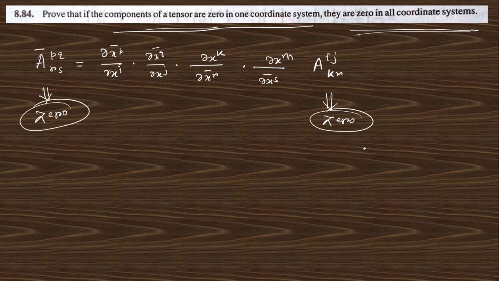So if a component in one coordinate system is 0, then with respect to another coordinate system it will also be 0.